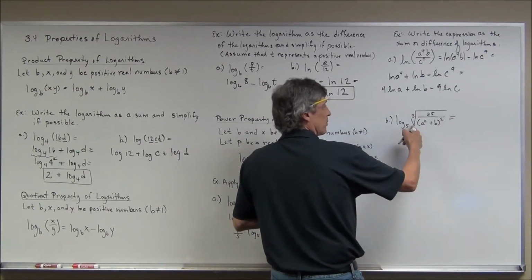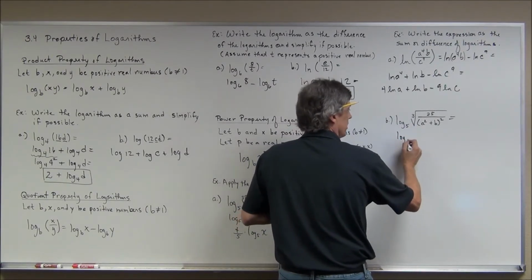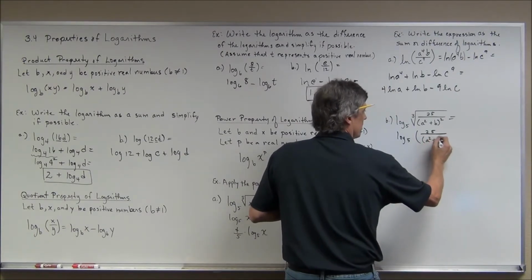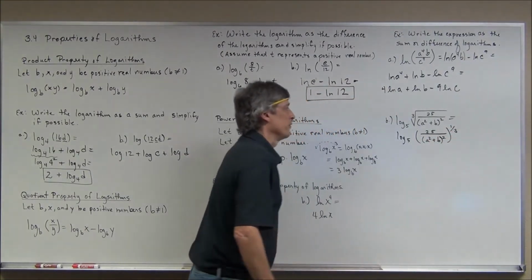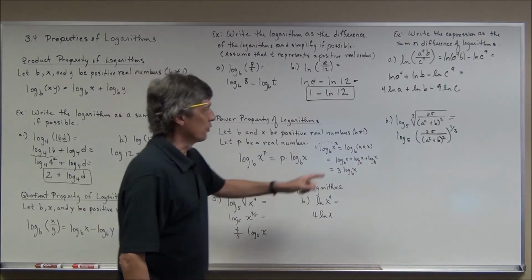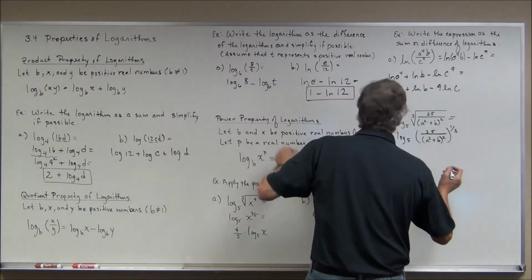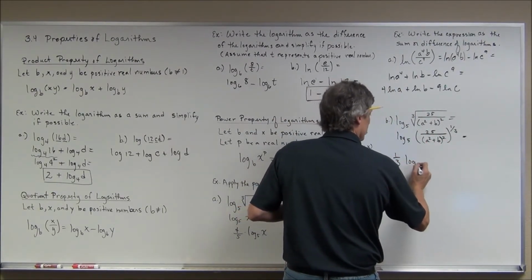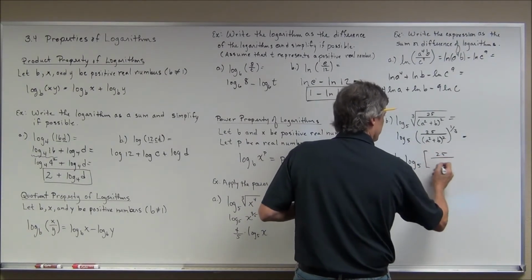First thing I'm going to do is write this cube root as a one-third exponent. So the cube root of this expression is this expression raised to the 1/3 power. Then I'm going to use the power property. I'm going to bring the 1/3 out in front. I'll use brackets this time because I have some parentheses.